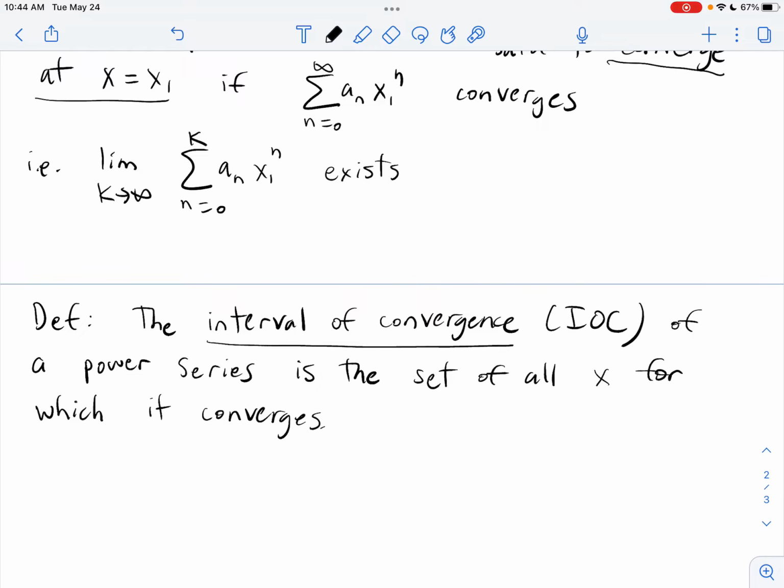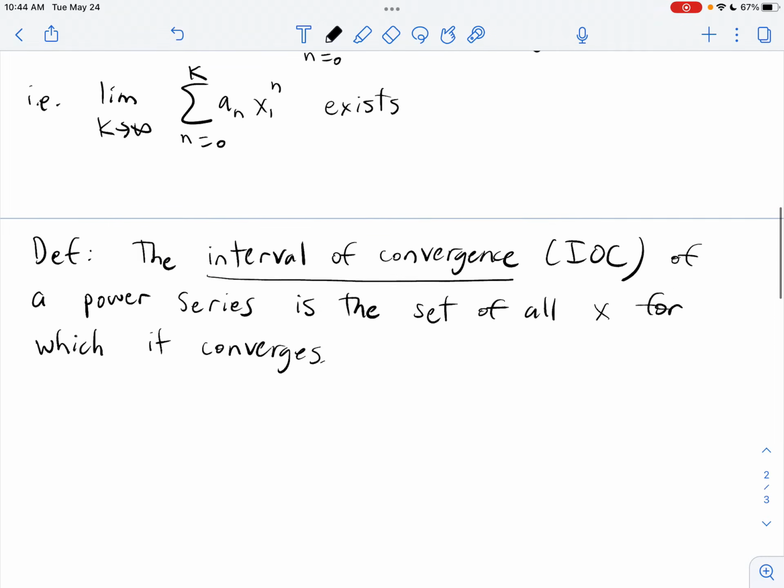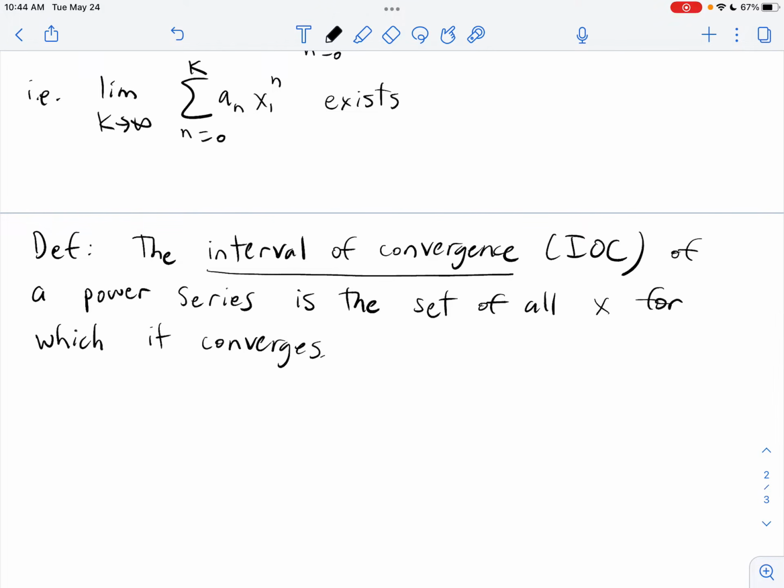Set of all x for which it converges. So another way to think about it is it's the domain, right? The domain of a power series.